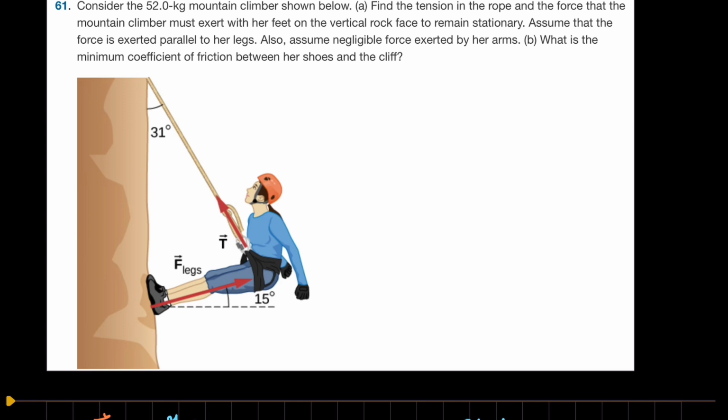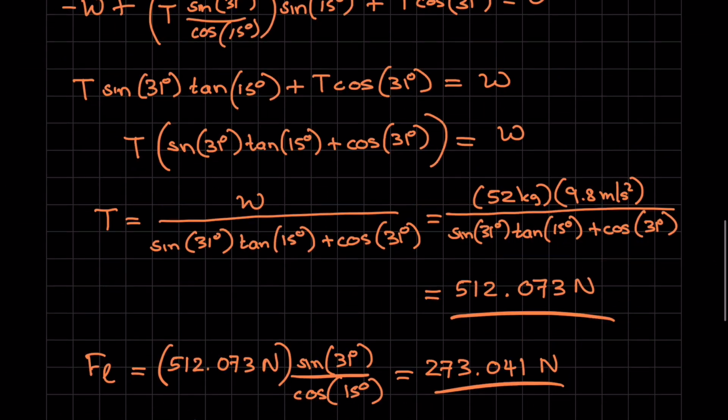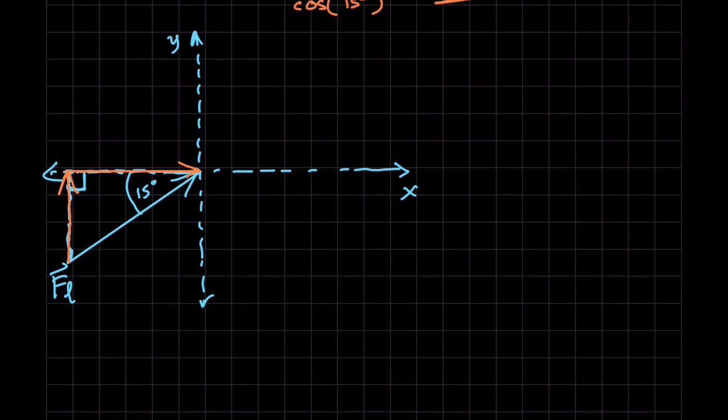So a normal force acts 90 degrees to the surface. If the surface is vertical and you push against it, the force the surface exerts on the climber, this normal force, acts in the direction of x. So that component of FL in the same direction as x is the normal force, normal to the surface.